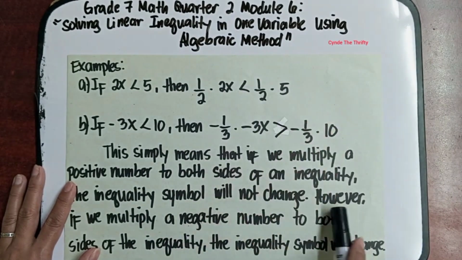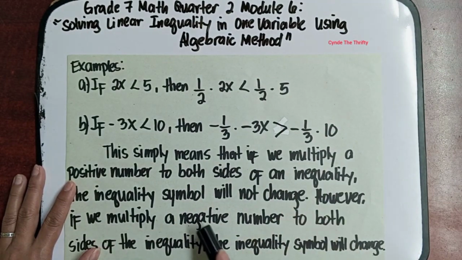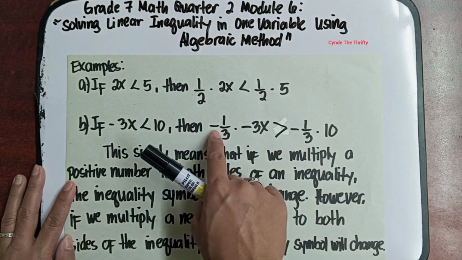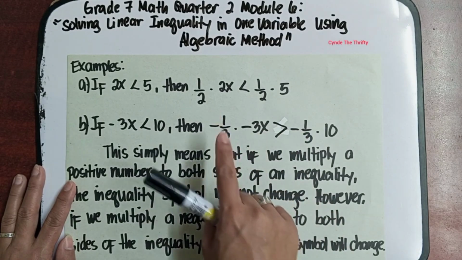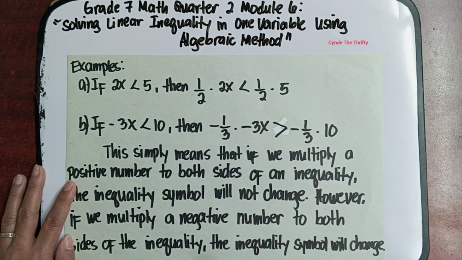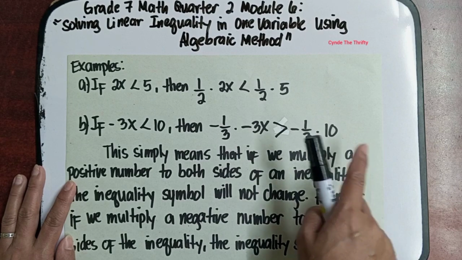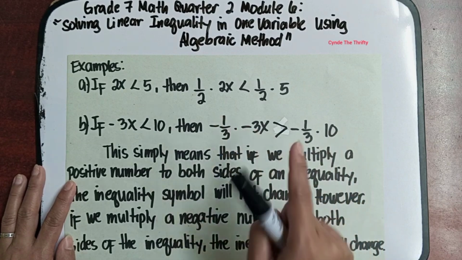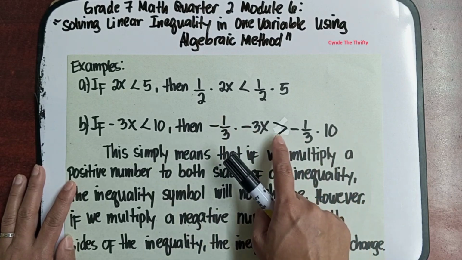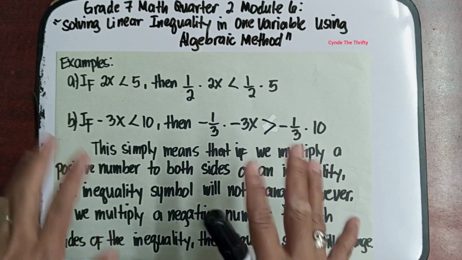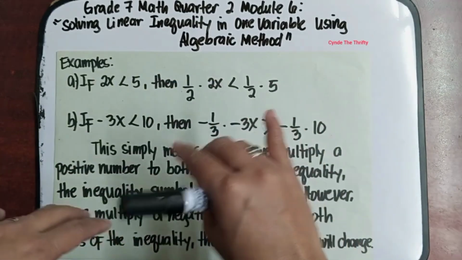And however, if we multiply a negative number to both sides of the inequality, gaya nito, minultiply natin ng negative 1/3 ang both sides. Anong nangyari? The inequality symbol will change. Okay, so tatandaan natin na kapag negative number ang i-multiply natin sa both sides ng ating inequality, ang mangyayari sa ating symbol is mag-change. So, ang property niya is addition at multiplication lang.